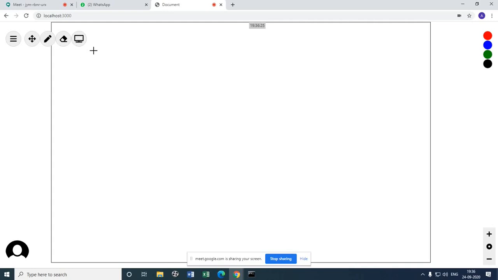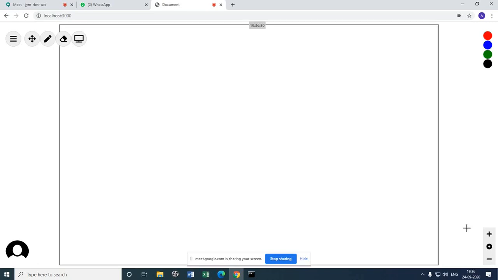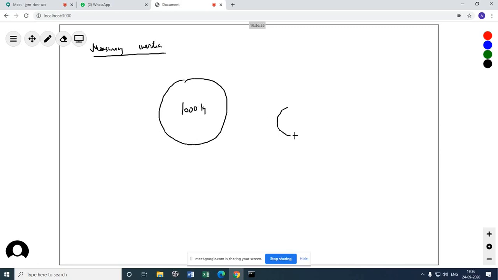Let's come to how do you measure inertia? Measuring inertia, I'll give you an example. This is a 1000 kg stone, and this is a 10 kg stone.